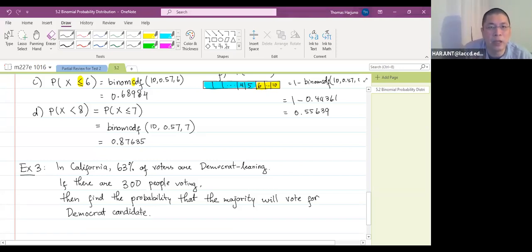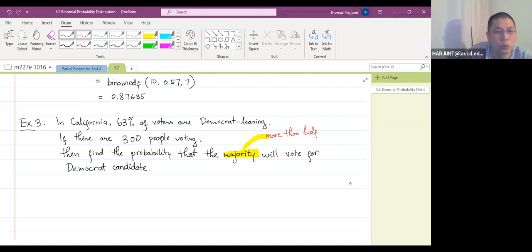Now, when we say the majority, it means more than half. That's more than half. Right? Okay, more than half. So, solution.